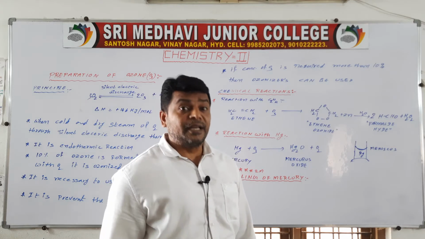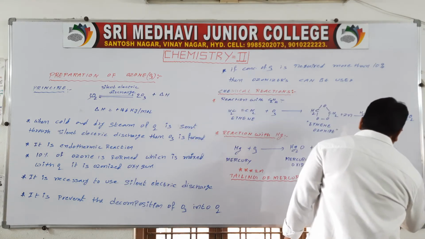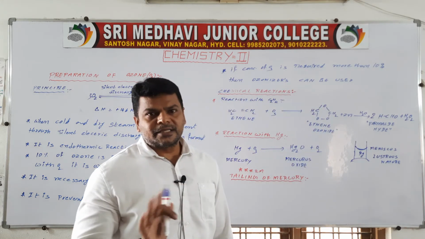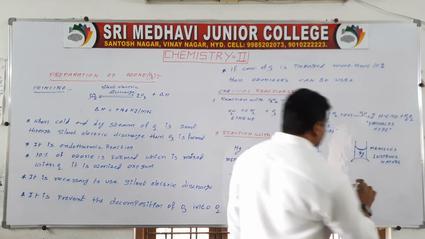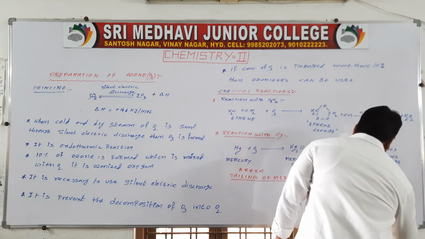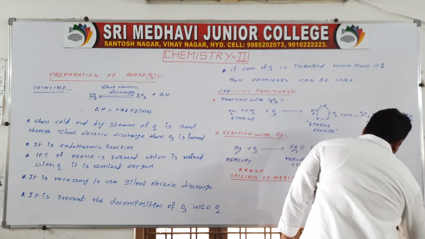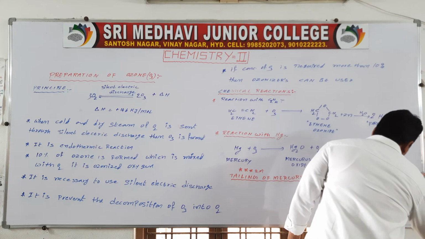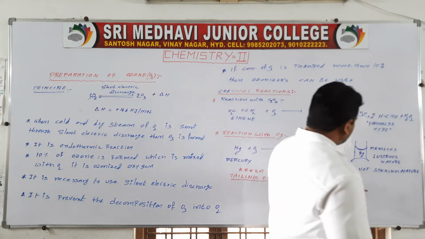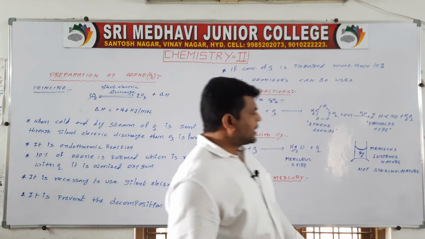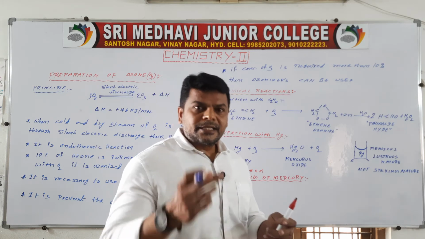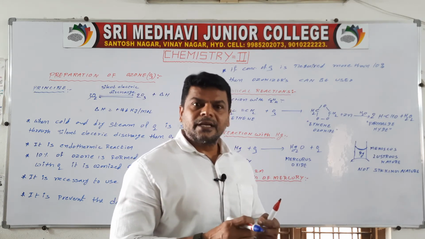Lustrous nature means shininess. But it does not stick to the glass. Not a sticking nature. So what I mean to say, mercury has a meniscus, a lustrous nature, and it does not stick to the glass.